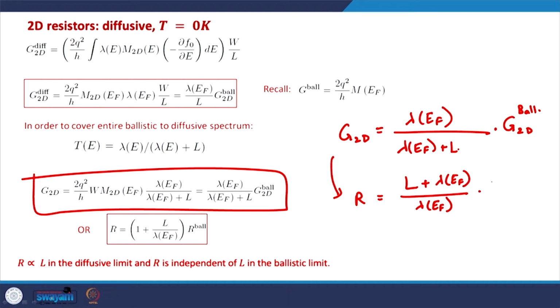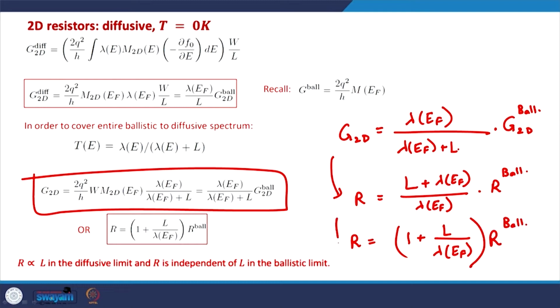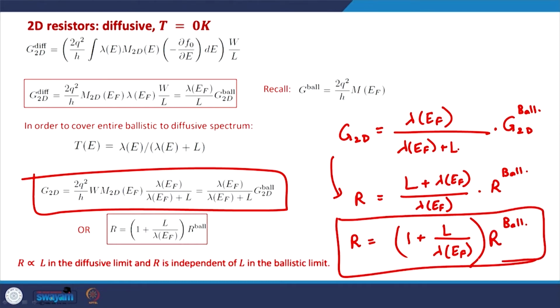1 by G2D ballistic will be the ballistic resistance. So, this will be essentially 1 plus L by lambda EF into ballistic resistance. That is the case when we have T equal to 0 Kelvin, and as you can see, this ballistic resistance is independent of length, but the diffusive resistance is not independent of the length.